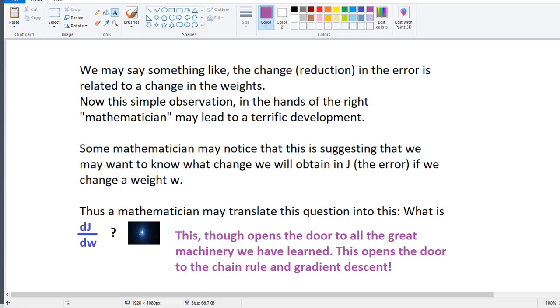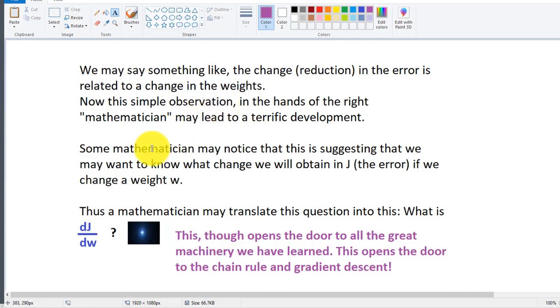But some of these people, who I guess we can attribute some level of genius to, recognized that this statement has a lot of power. So this simple observation in the hands of the right mathematician may lead to a terrific development.